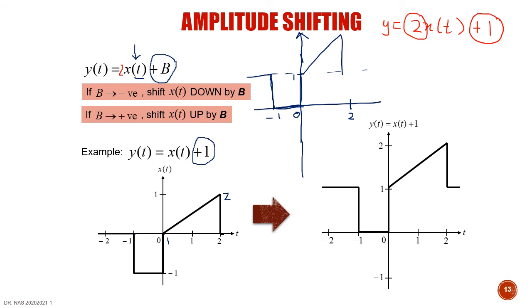When you have amplitude scaling, the amplitude of the signal now, 2 times 2 becomes 4, and 1 times 2 becomes 2, and 0, and here also 2. Okay, so if you have a variable in front, it is called amplitude scaling, and if you have plus or minus at the back outside the bracket, it is amplitude shifting, whether the signal is being shifted up or shifted down.